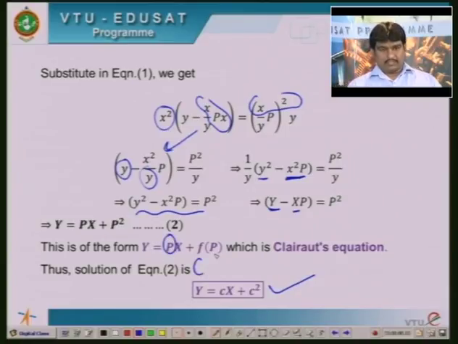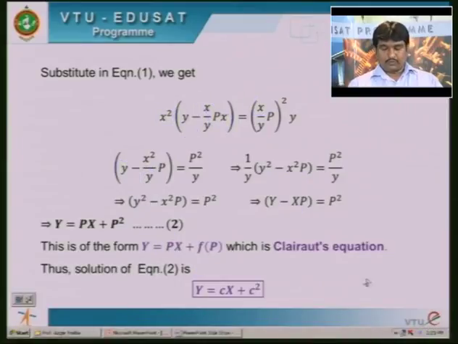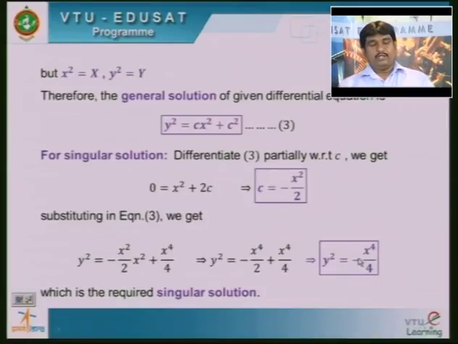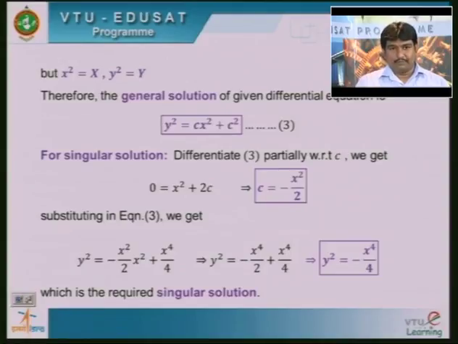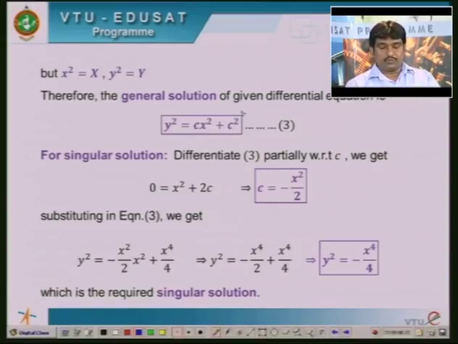Now I will convert this in terms of the old variables small y and small x using the substitution x square equals capital X and y square equals capital Y. After this substitution, the general solution of the given differential equation becomes y square equals c x square plus c square. Now we have to differentiate 3 with respect to c to get the singular solution.